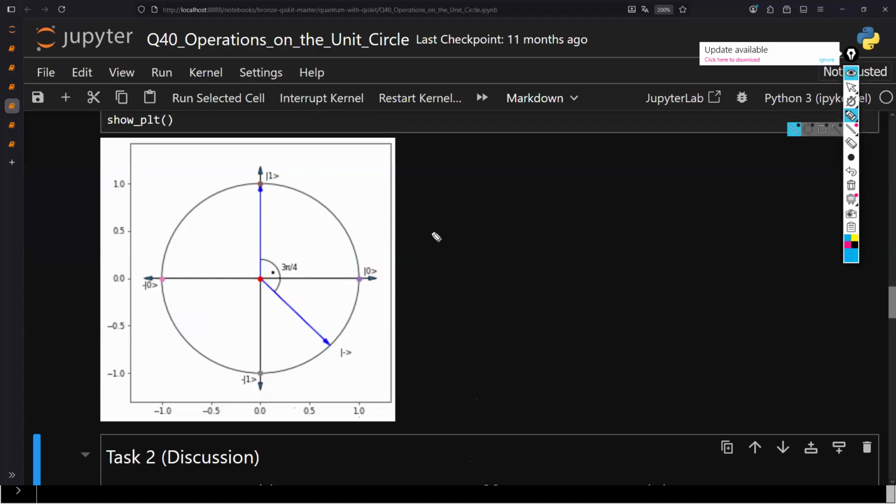Well, what about something that actually moves me a tiny fraction, a tiny bit? And what if I wanted to apply this operation several times? Well, this is best accomplished by rotations. That's the other operation that we could do.